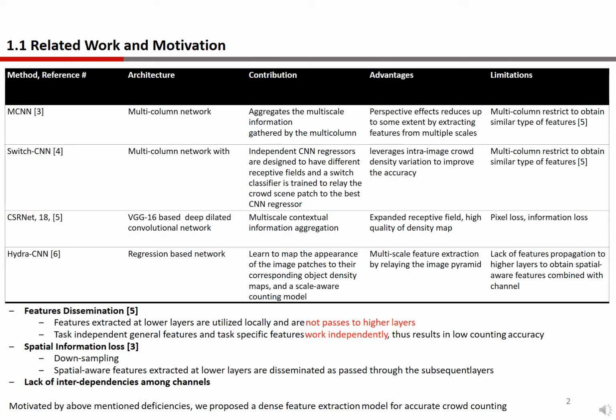Compared to the above two algorithms, the third one is CSRNet. It is not a multi-column, it is a single column network with a backbone composed of VGG16 and a dilated convolutional network, and the dilated convolution is very important to obtain the contextual information.